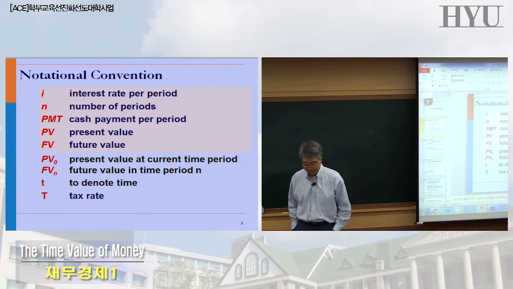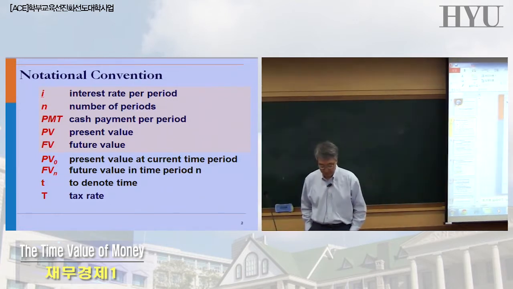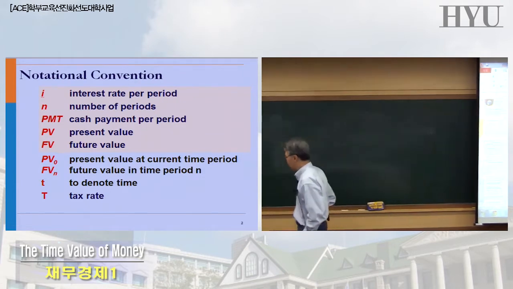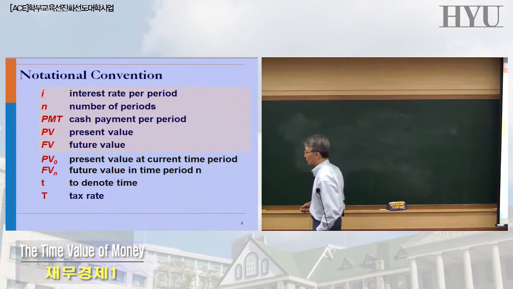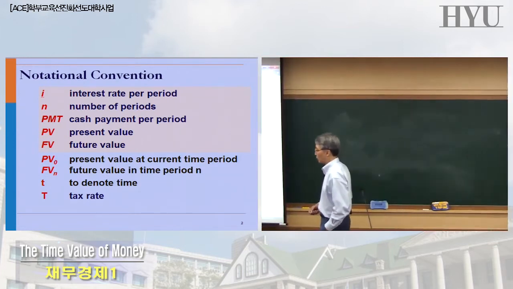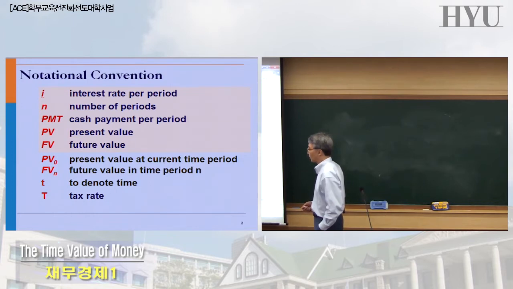Here are our basic notational conventions, some agreements we have to make about notation in this chapter. I stands for interest rate per period. It could be a quarterly or annual interest rate. The number of periods is denoted by N. PMT stands for payment.